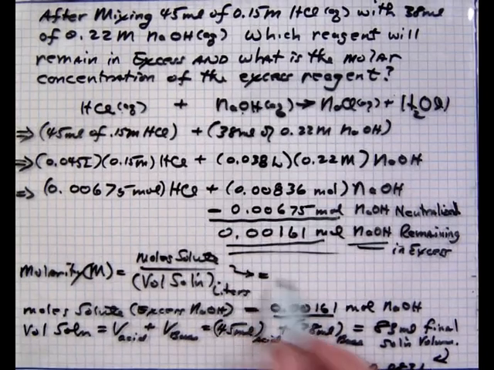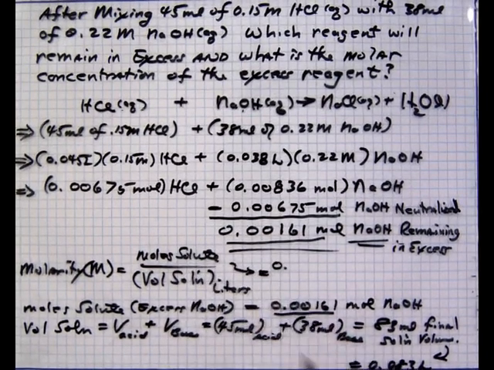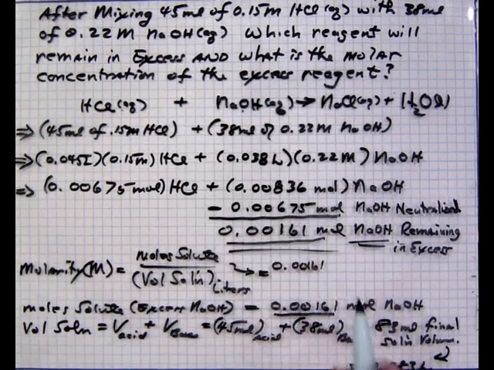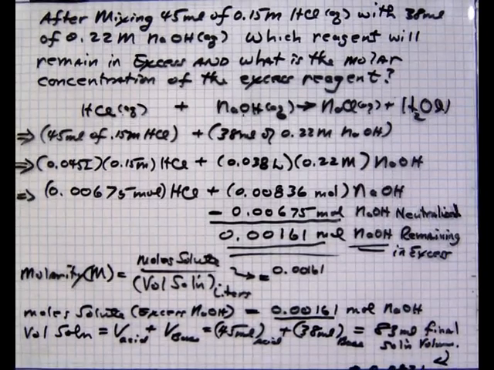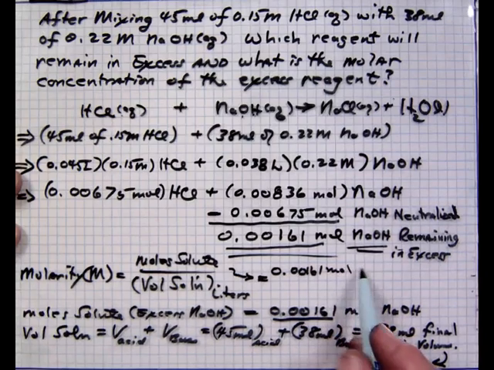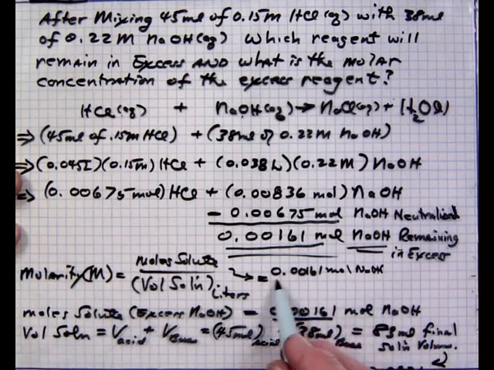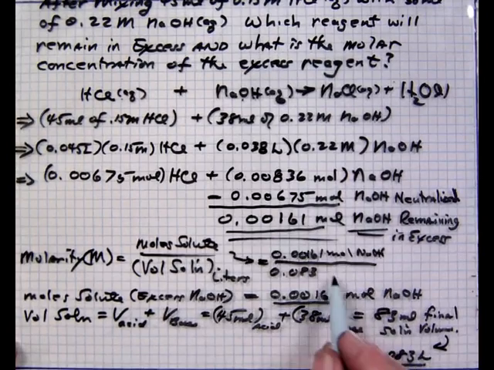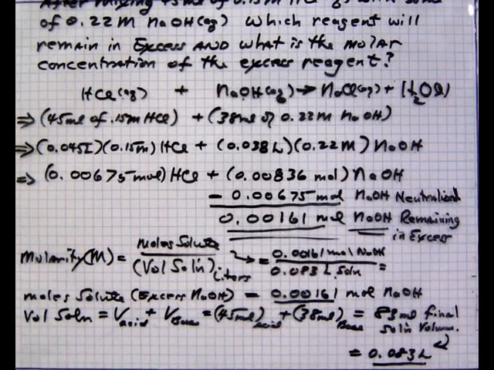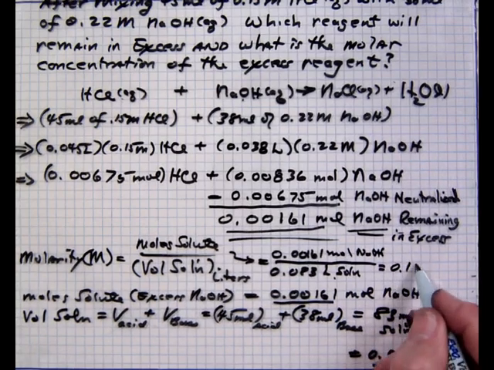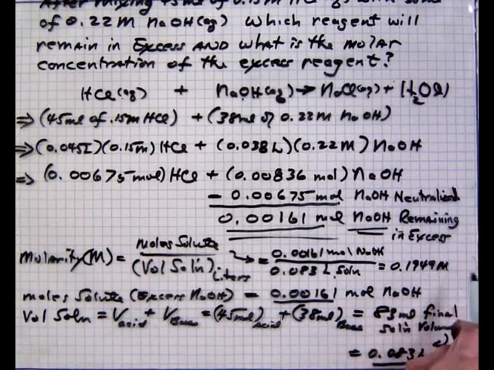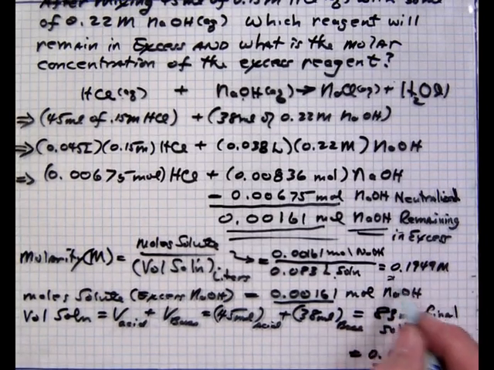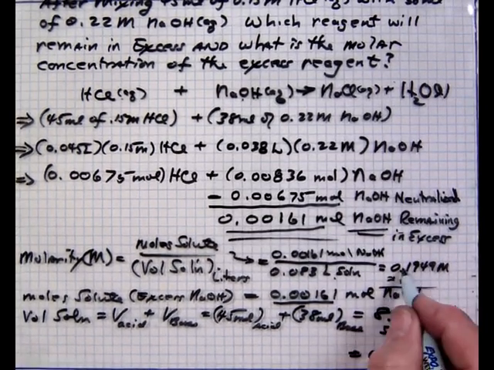Let's see what we can get here. 0.00161 mole sodium hydroxide excess divided by 0.083 liters solution, which leaves 0.01949 molar in sodium hydroxide.